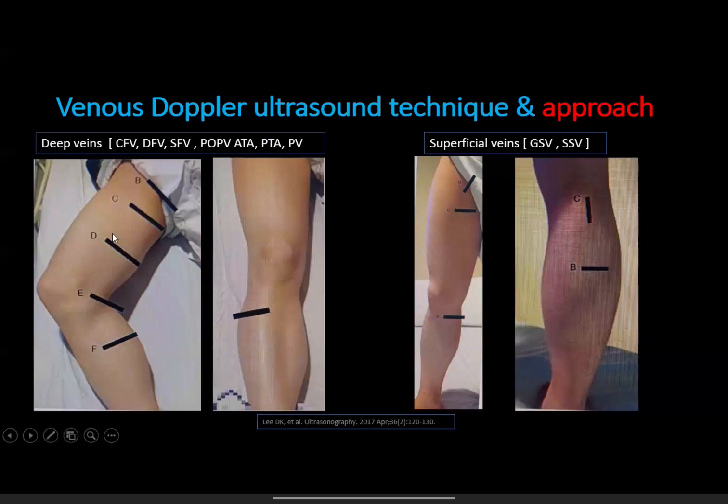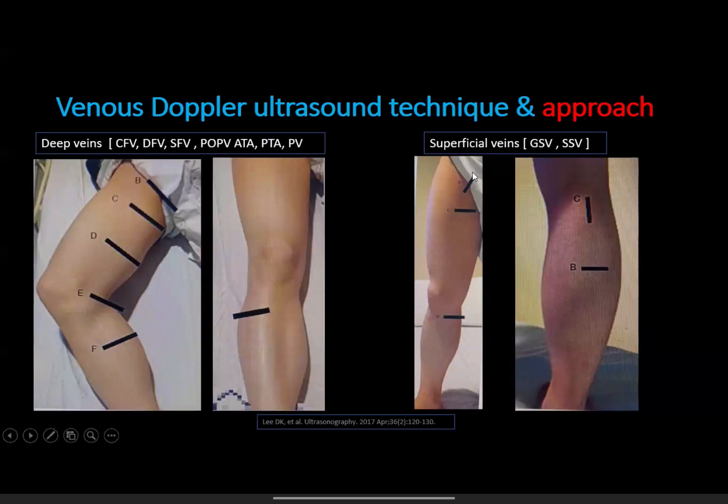And then in the mid-thigh, we see the superficial femoral vein. And then the popliteal vein is examined in the popliteal fossa in a slightly lateral position, and we see the popliteal vein and then the posterior veins. For the anterior tibial vein, we see the anterior compartment and trace the vein in its entirety.